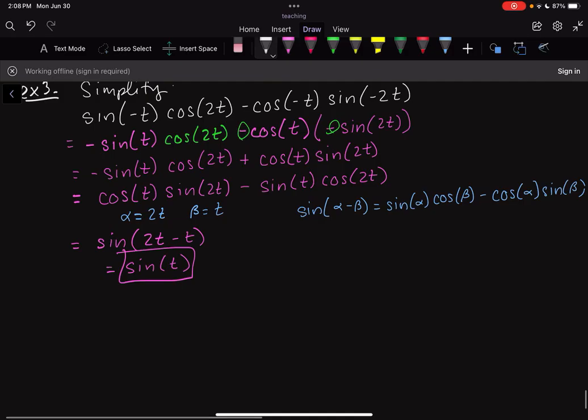Next is another type of problem that we could see using the identities.